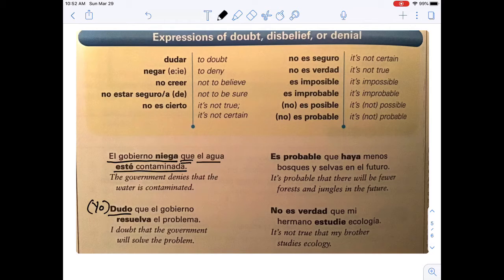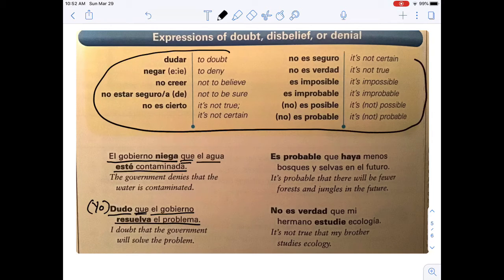We know that with the O ending that it's yo, but it's yo dudo, that the government will resolve the problem, or resolves the problem. So it's the same pattern. It's just in that main clause, we are using verbs and expressions of doubt, disbelief, or denial. These are all triggers for the present subjunctive in the subordinate clause.